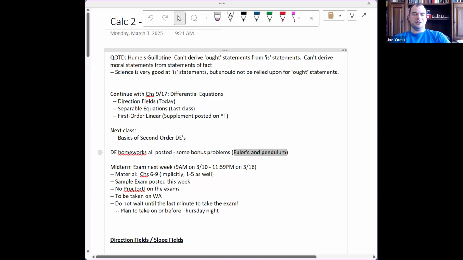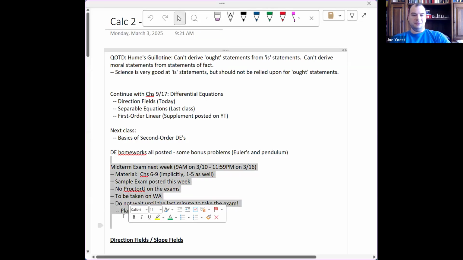But Euler's method is basically just a numerical version of direction fields. So it does numerically what direction fields do graphically. And then there's a pendulum problem at the end of the second order differential equations that is also a bonus problem. I think those are the only bonus problems. There might be another one in there somewhere. But I do tend to put the bonus problems at the end of the assignment. So if you ever see that dash slash 0, like out of 0 points, those are bonus problems.